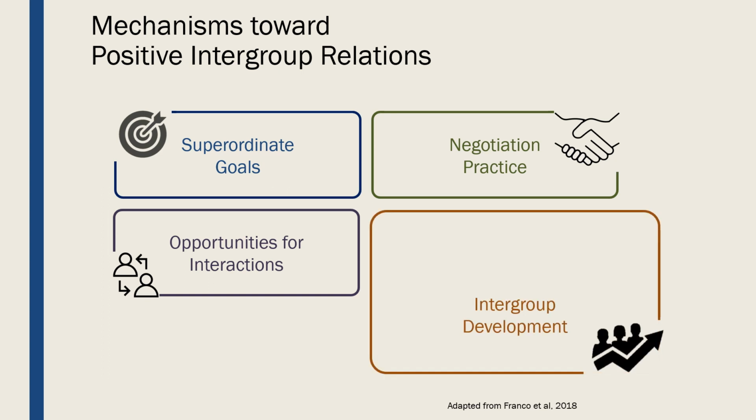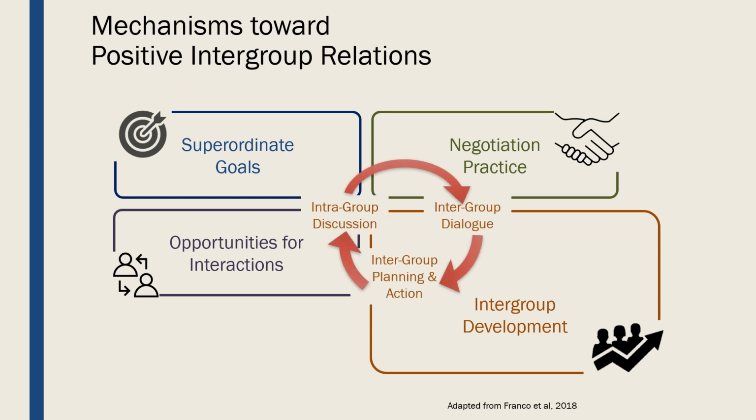And then that intergroup development framework wherein each group is able to discuss among themselves what their agenda is, what their objectives is, their ways of working, try to solidify that within their group, and then they engage into that intergroup dialogue wherein they share the agenda, the practice, and then try to resolve issues among themselves, and then planning, intergroup planning and action.